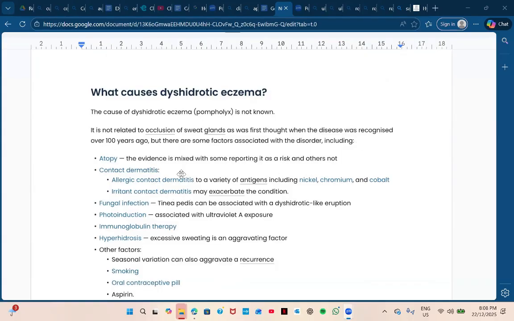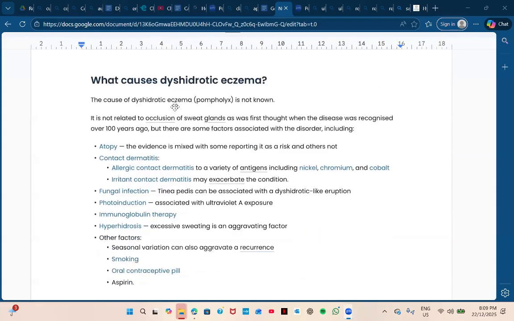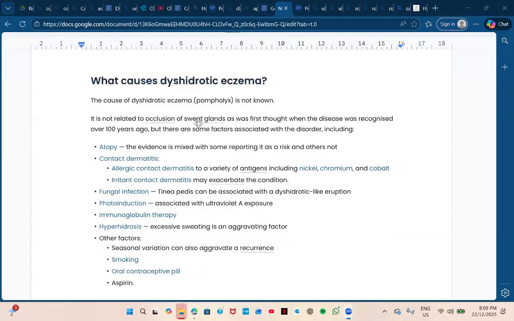Atopy: the evidence is mixed, with some reporting it as a risk and others not. Contact dermatitis, fungal infection, photoinduction, immunoglobulin therapy, hyperhidrosis can be related, but the cause is not known.